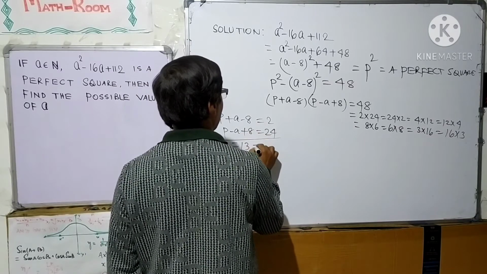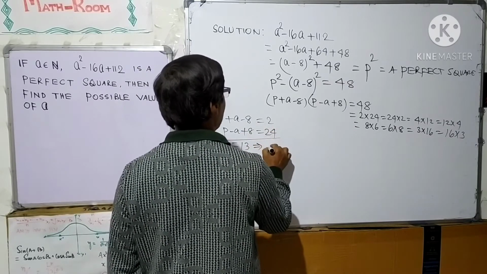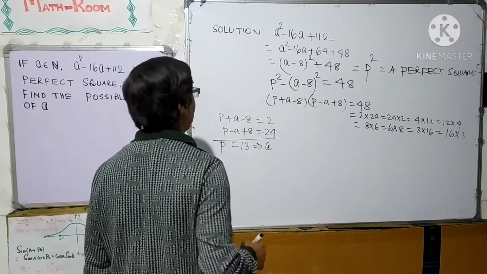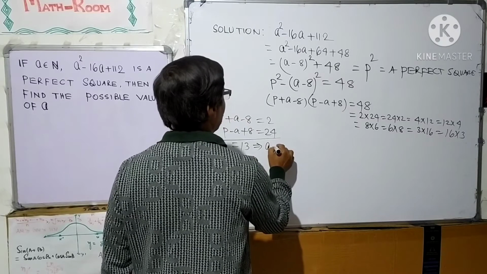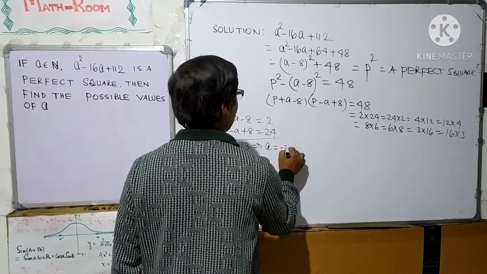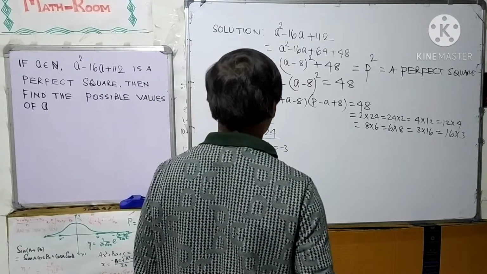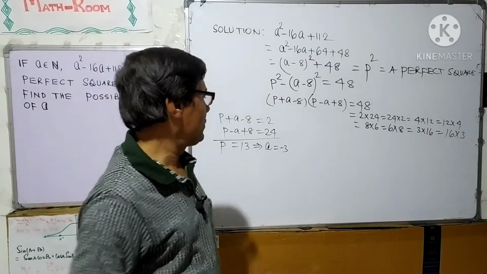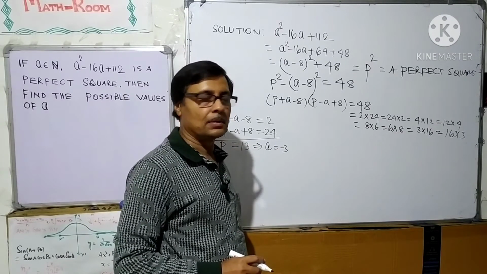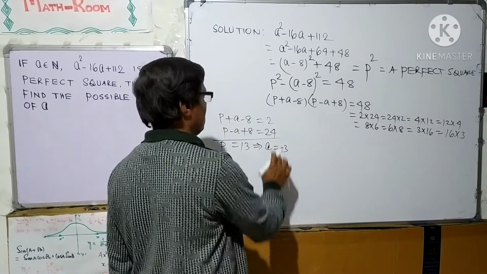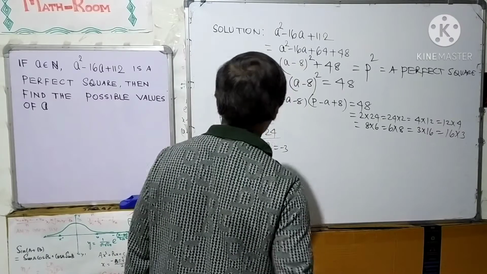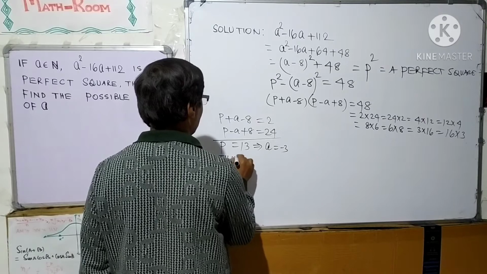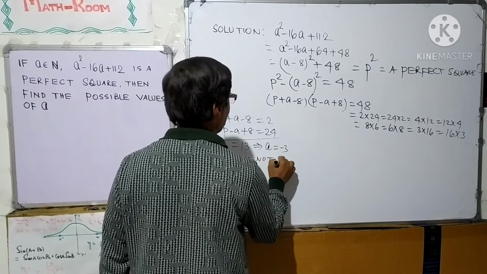If we put p equal to 13 in the first equation, we get a equal to minus 3. But a equal to minus 3 is not a natural number. So, this is discarded. This solution is not possible.